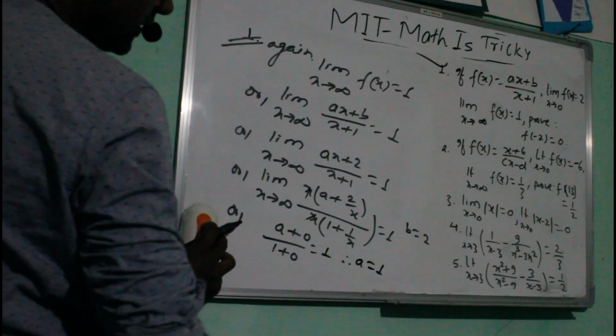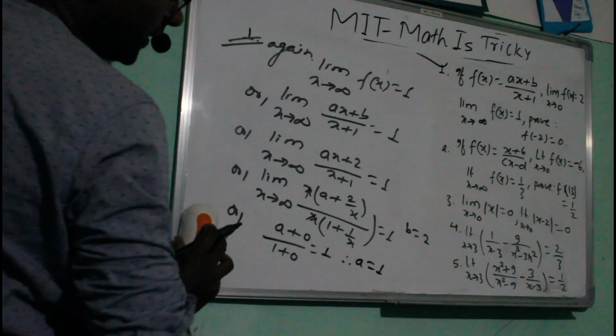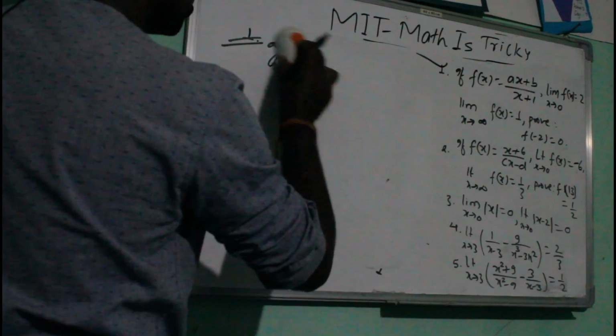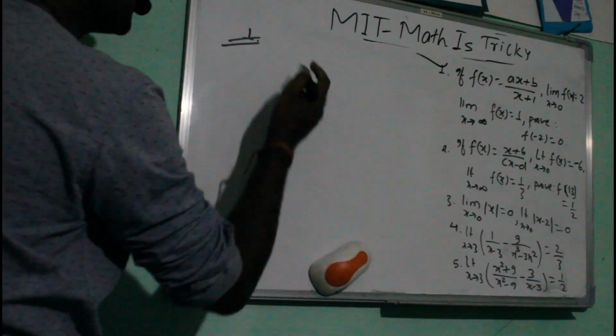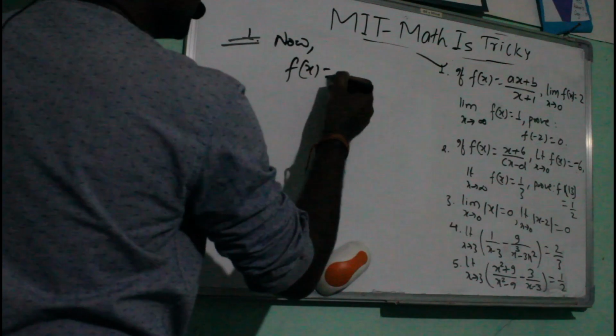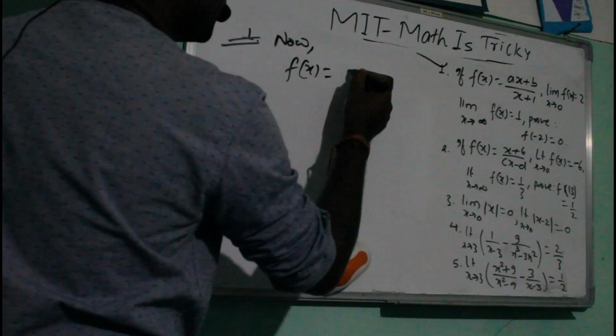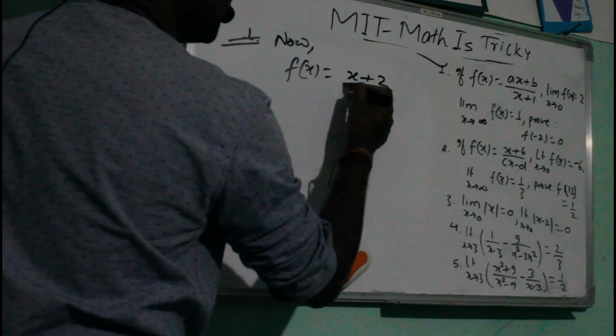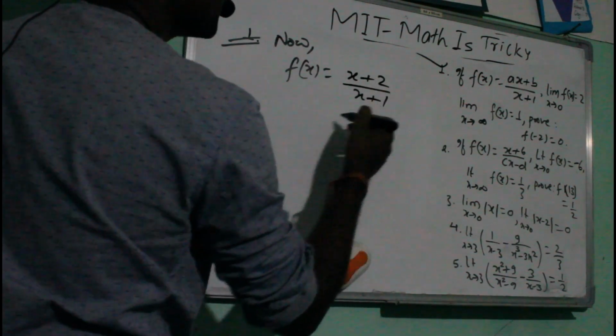Now we have the values of a and b as 1 and 2. So f of x equals, a is 1, so x plus 2 by x plus 1.